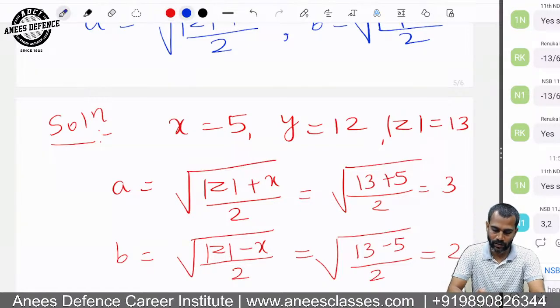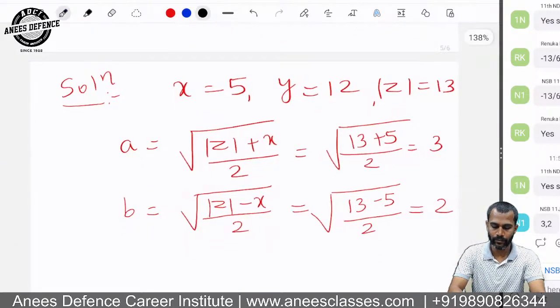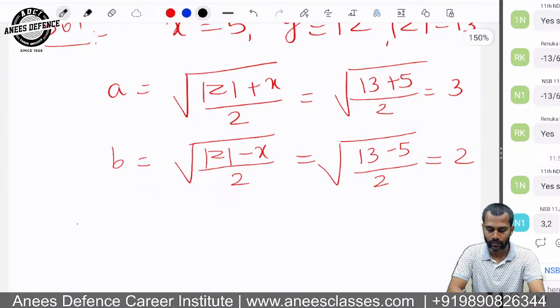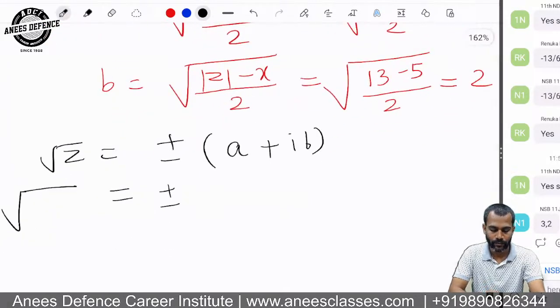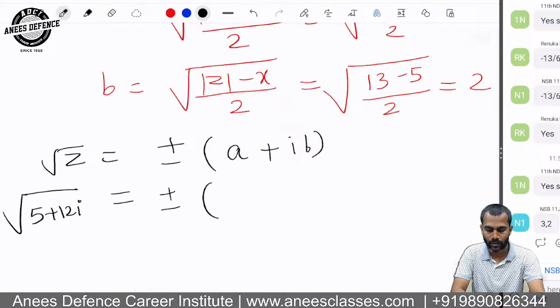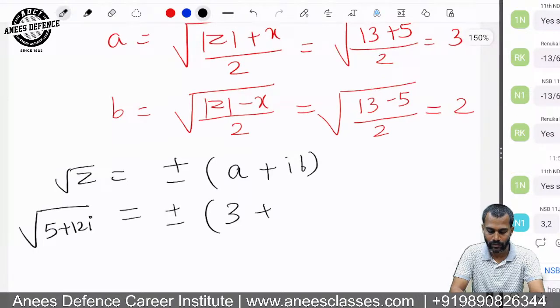So our answer would be, what is the formula, square root of z is plus minus a plus ib. So the square root of 5 plus 12i is equal to plus minus 3 plus 2i. I hope it is clear.